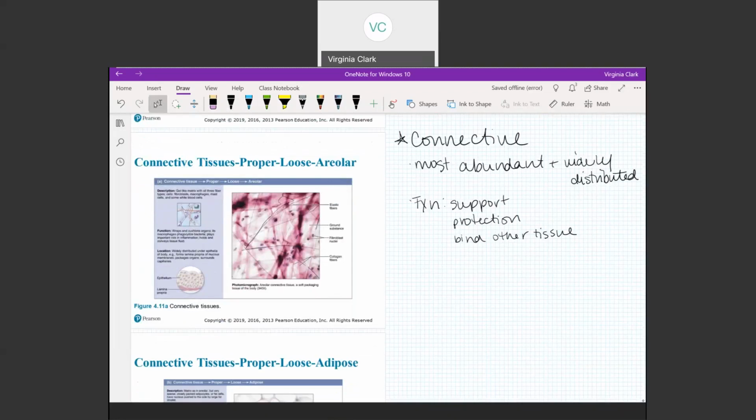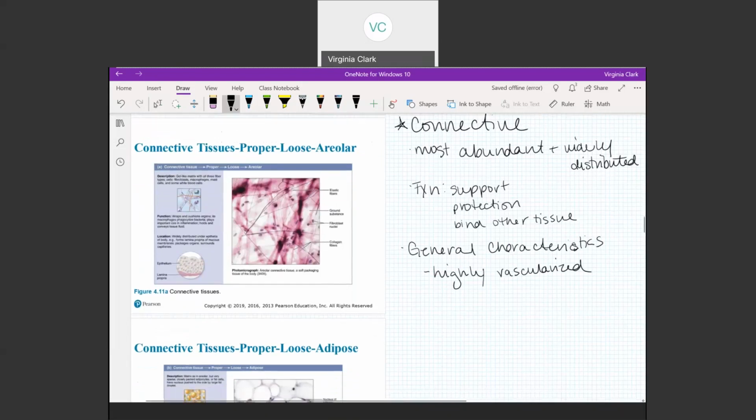So some general characteristics of connective tissue before we go into the different types. These are highly vascularized. So they are different than epithelial tissue, which was avascular. So these are going to have a lot of blood supply. They're going to be made up of lots of different cell types.